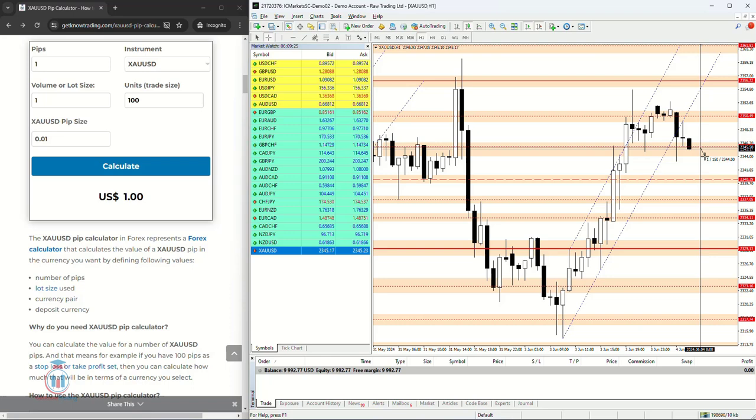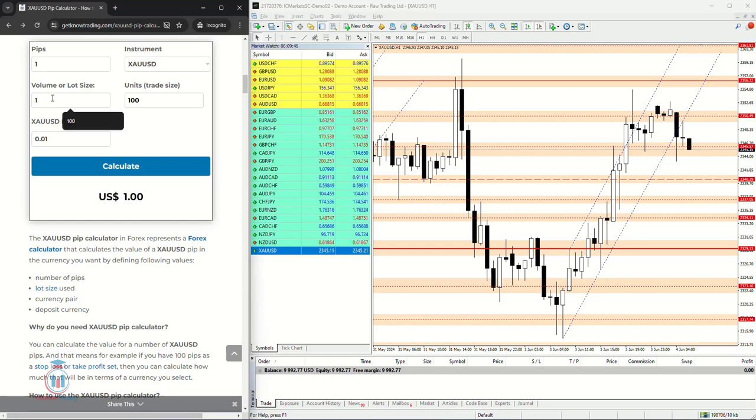In my case, if I have 150 pips, which is also the number of units, this means that my trade has changed by 1.5 lots, if I can say it like that, because this is the volume or the lot size. So the change in the symbol is by 1.5 lots.